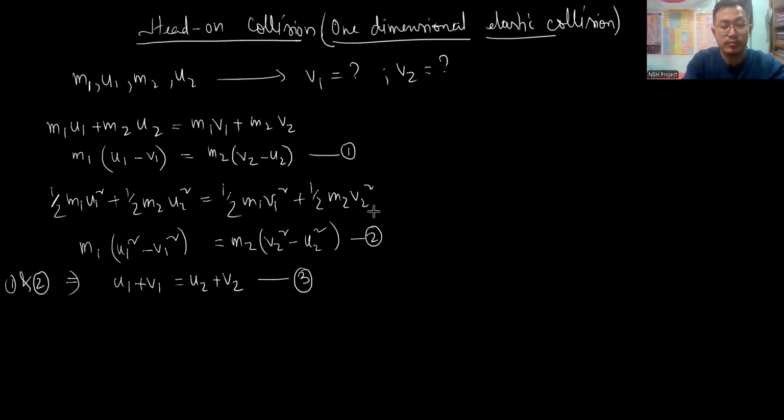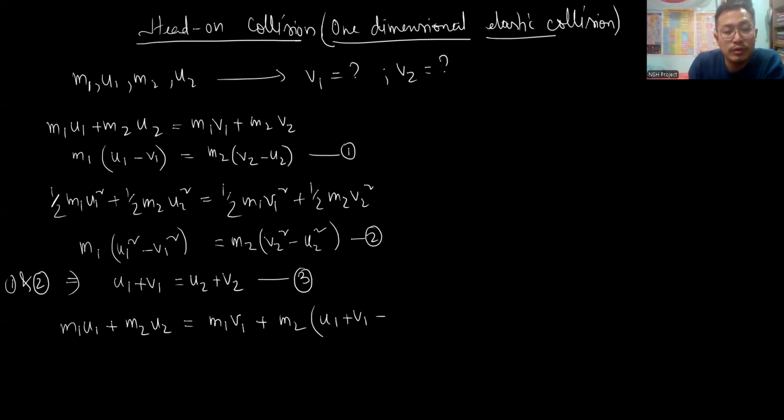So let's take the first equation, m1 u1 plus m2 u2 is equal to m1 v1 plus m2 v2. From equation 3, v2 is equal to u1 plus v1 minus u2.